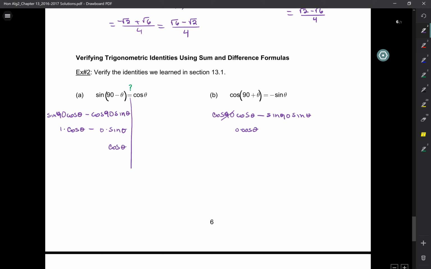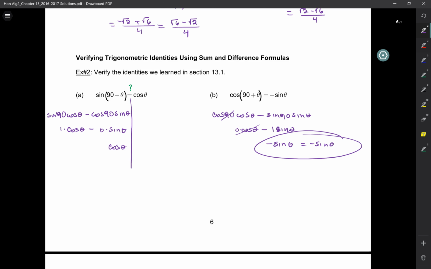What's sine of 90 then? 1. So 0 times cosine is 0. So I have negative sine of theta. Yup, negative sine of theta. All right, so go ahead and do the other one. You know the answers to these, right?